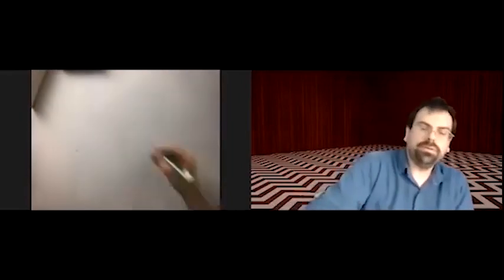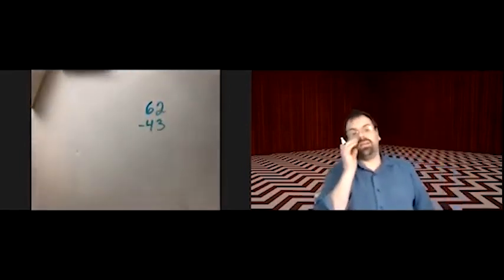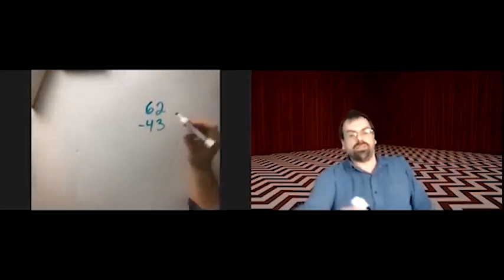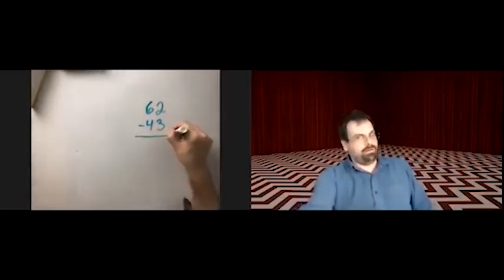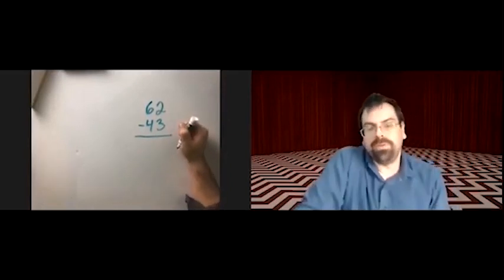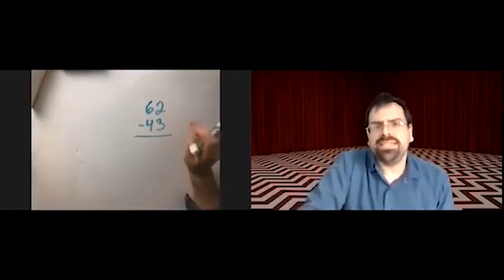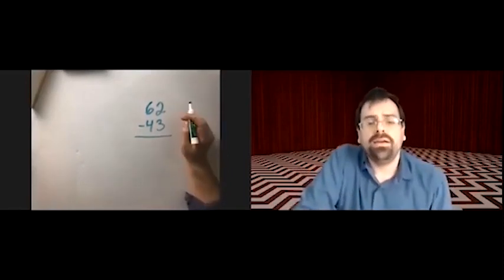Wrench. 62 minus 43. 2 minus 3 is, the number on the top isn't bigger than the one at the bottom anymore. 2 minus 3, that would be a negative number. We can't just use our digits, our 0 through 9.